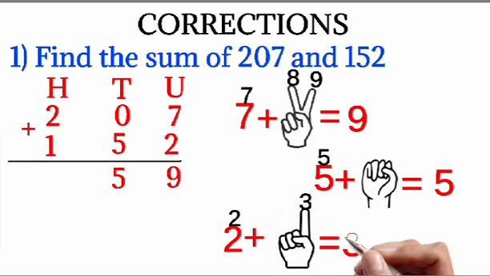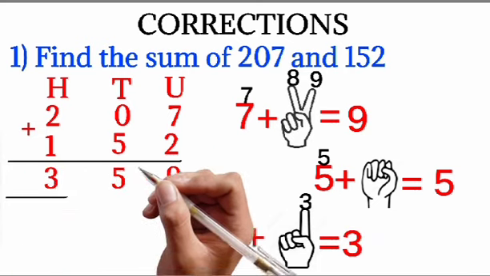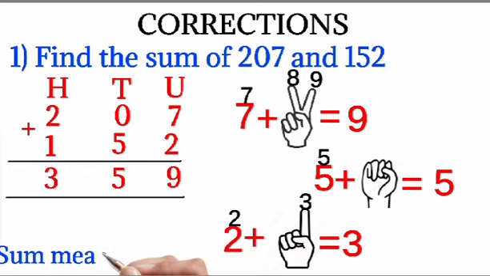So my answer is 3. Remember, sum means addition. Sum means addition. Let's go to the second correction.